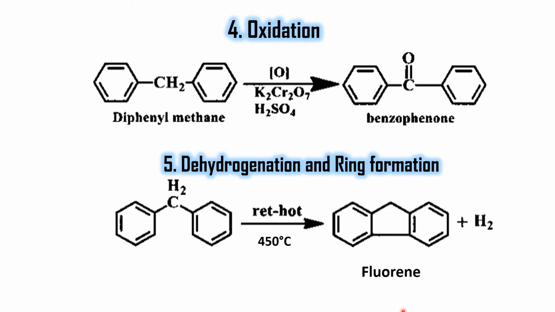This compound is known as fluorene. So there is dehydrogenation, because of which ring formation is attempted and we get a tricyclic compound.